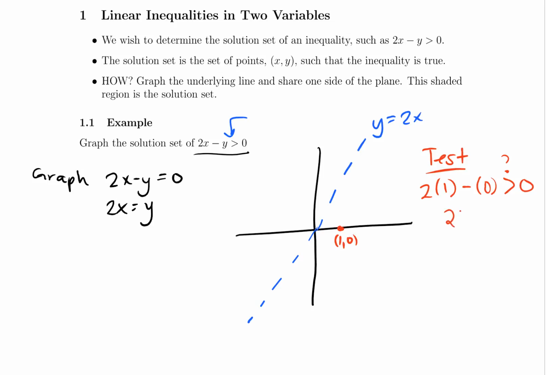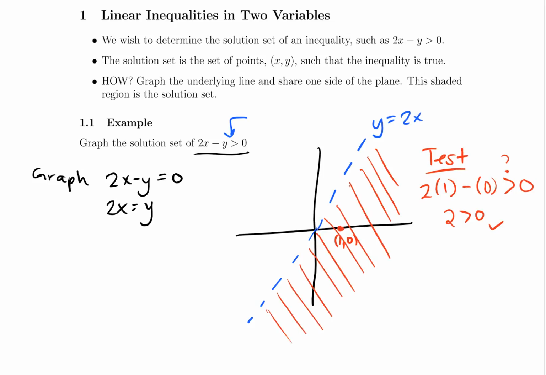So let's see. 2 greater than 0? Yep, this is true. So our solution is all the points on the right-hand side of the diagonal dotted line. So you just want to shade it in. And this is our solution set. So graph the solution. This shaded region is our solution.